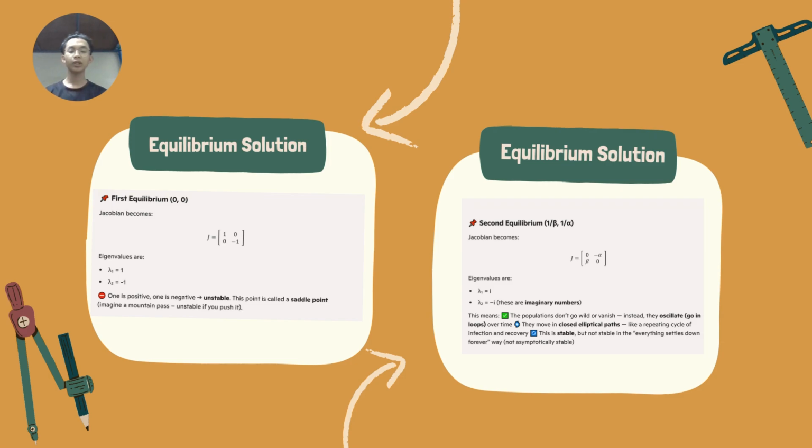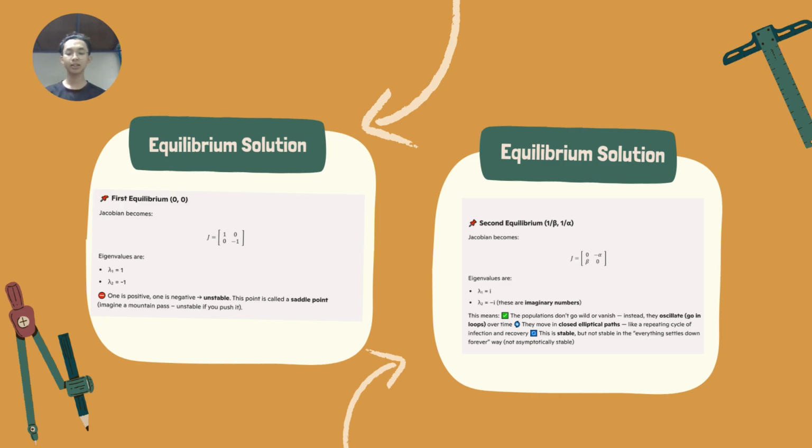Now, related to the previous slide, we let x be the number of prey, y denote the number of predators, dx over dt the instantaneous growth rate of the prey population, dy over dt the instantaneous growth rate of the predator population, t is time, and alpha and beta are positive real parameters that describe the interaction of the two species.